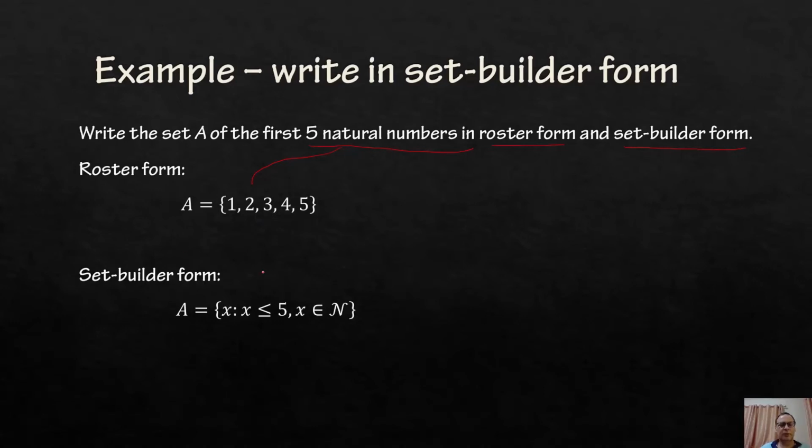In set builder form, we think, how can we do this? We're told that they're natural numbers, so you know you need to put this section in at the back. And we want to write down the x values such that x is less than or equal to 5. And because they're natural numbers, we know they are from 1, 2, 3, 4, 5.